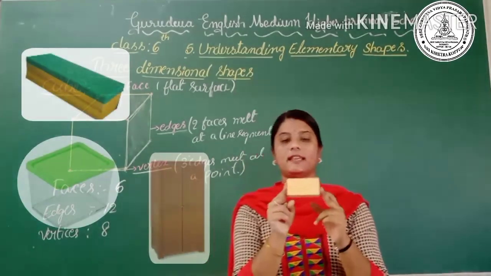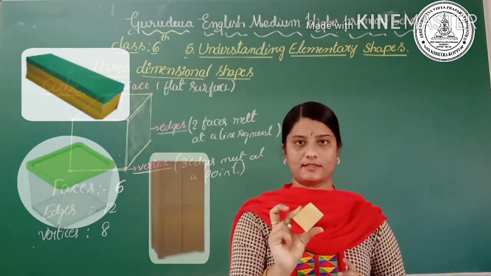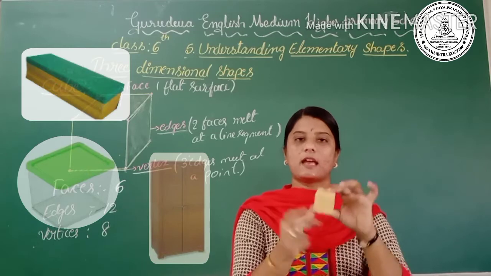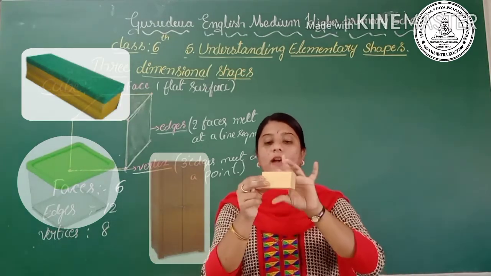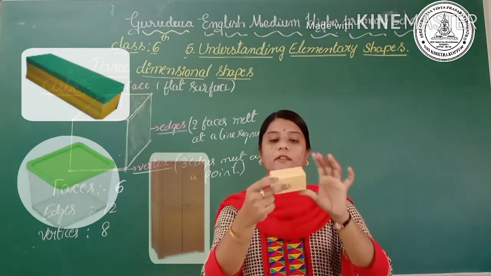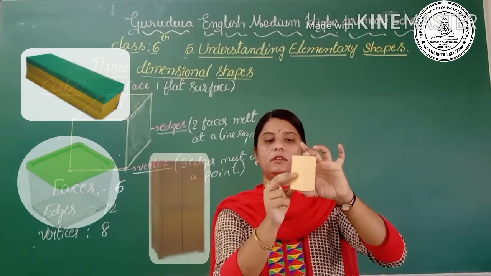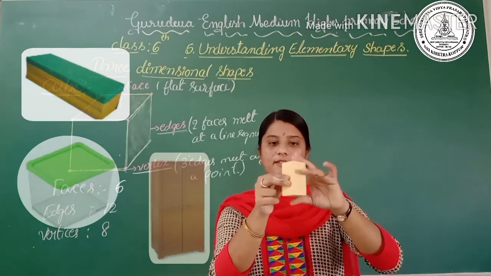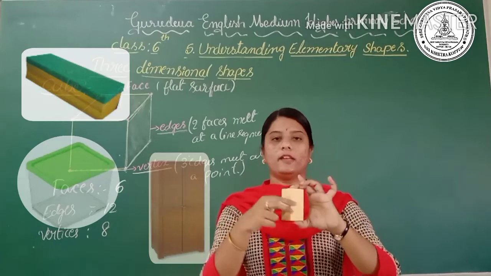It is a cuboid. It also has 6 faces. As you can see here, 1, 2. There are 2 faces here, and 2 faces here, and an upper face and a lower face.